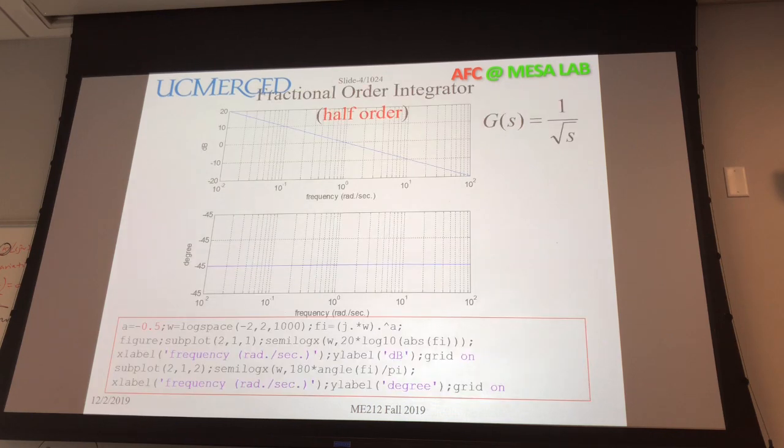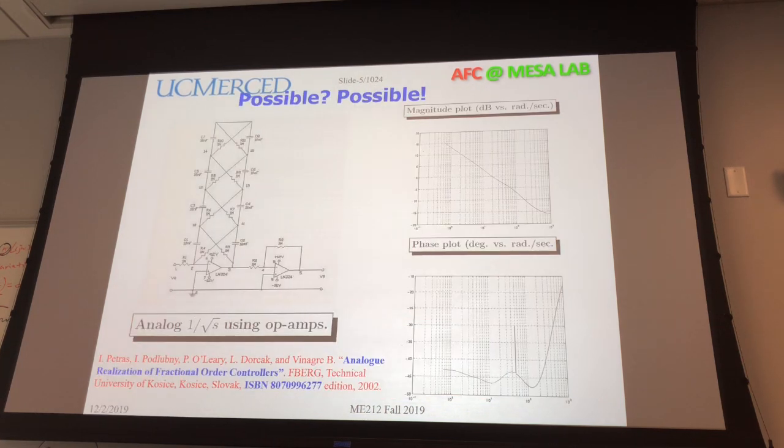You can draw this figure using this simple thing here. But how you realize it, there are multiple ways to do it. People use RC networks, and you go to infinite order, as many as you can. So you get the minus 45 degrees phase, with a slope of minus 10 dB per decade.